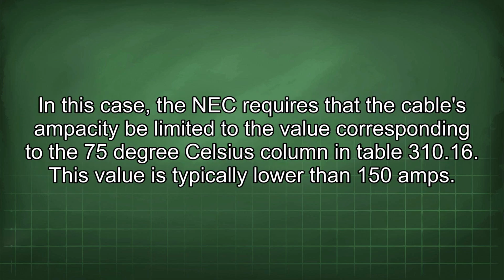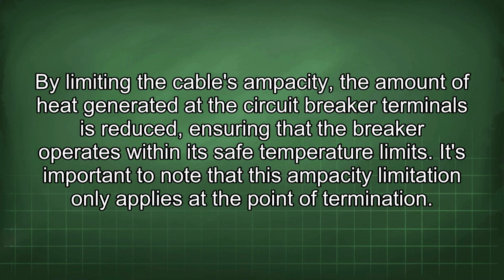In this case, the NEC requires that the cable's ampacity be limited to the value corresponding to the 75°C column in table 310.16. This value is typically lower than 150 amps. By limiting the cable's ampacity, the amount of heat generated at the circuit breaker terminals is reduced, ensuring that the breaker operates within its safe temperature limits.